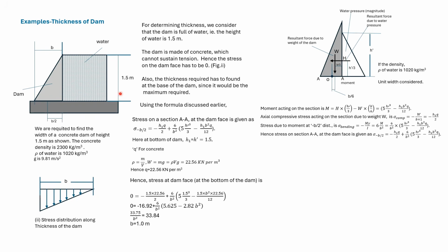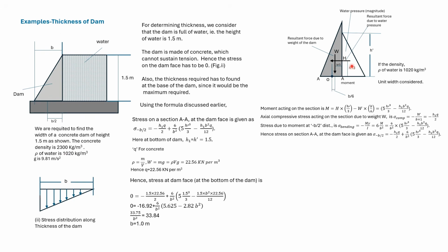So the height of water is also 1.5 meter. The density of the concrete is taken as 2300 kg per meter cube, and the density of water was 1020 kg per meter cube. This is the value of G used.